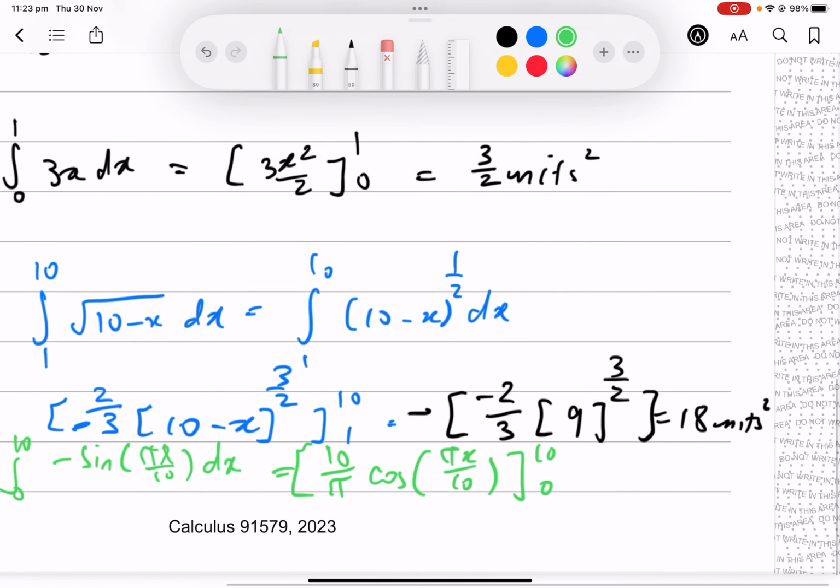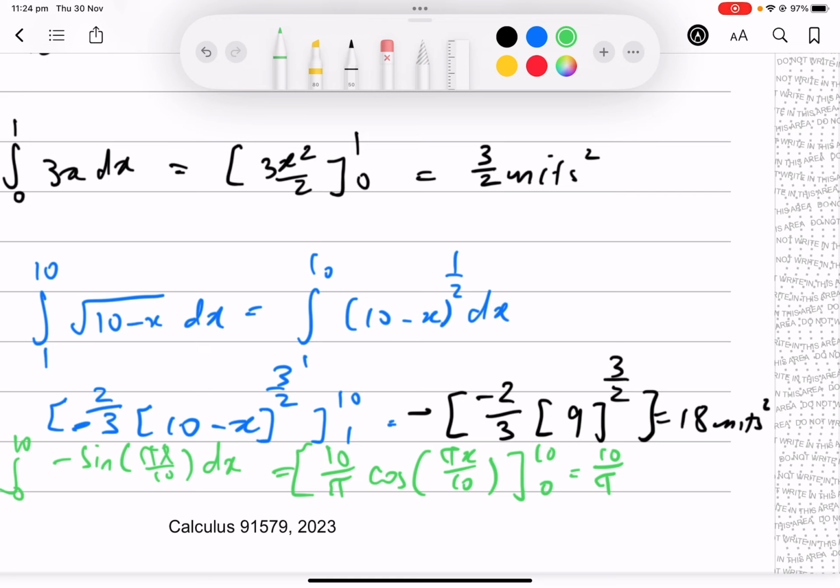So now what we have here is 10 on pi cosine of 10 times pi on 10, so that's just pi, so cosine of pi, that's negative 1.